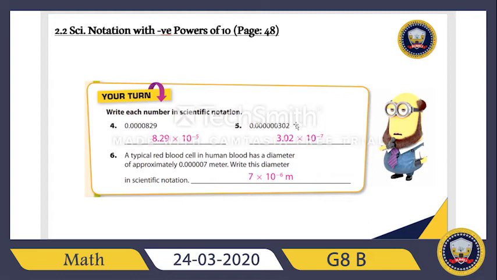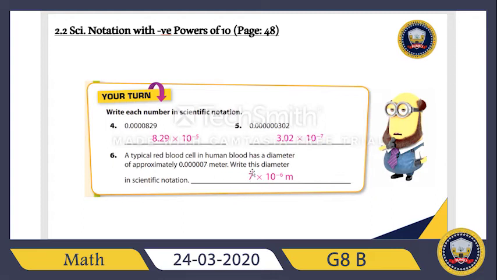Example 6. A typical red blood cell in human blood has a diameter of approximately 0.000007 meter. Very small. That's the blood cell. I need to write this number in scientific notation. So my number is less than 1. The same thing, I'm going to move my decimal point after the 7.